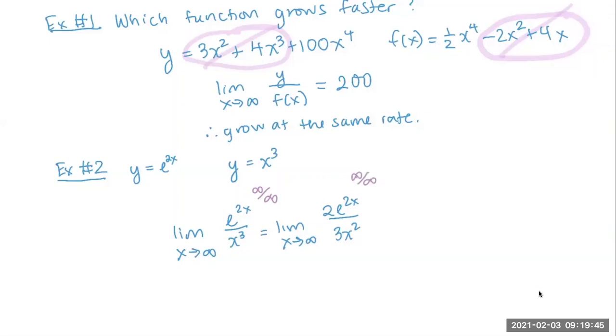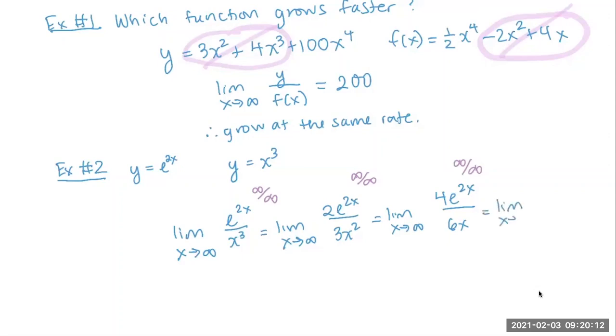So that means that we would continue with our iterations of L'Hopital's rule. We would get 4e to the 2x, and with the chain rule, 6x on the bottom. Again, if you plug in, what do you get? Yes, so far we're still getting infinity over infinity. The question is, is this ever going to end?